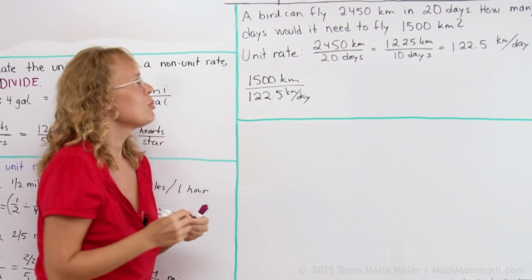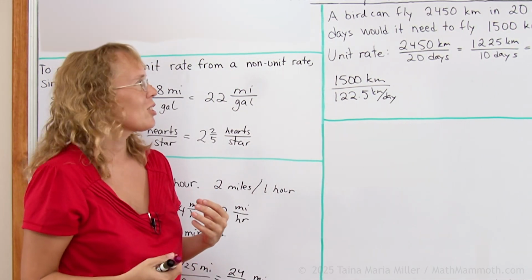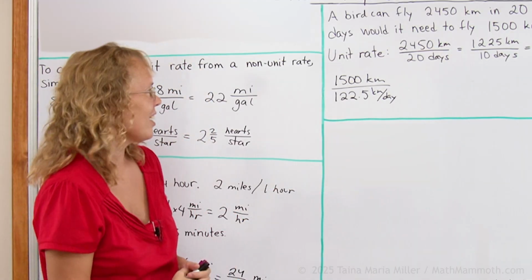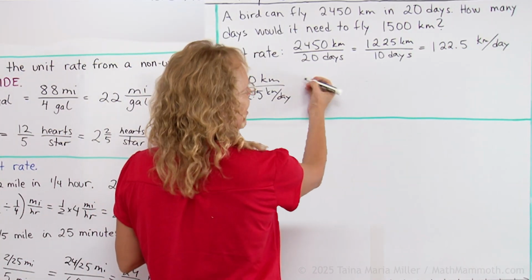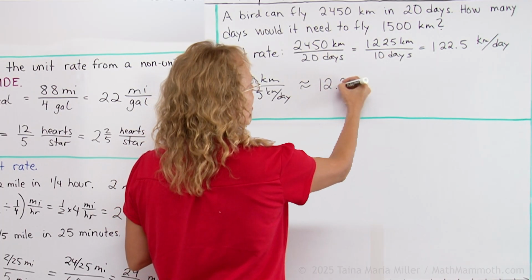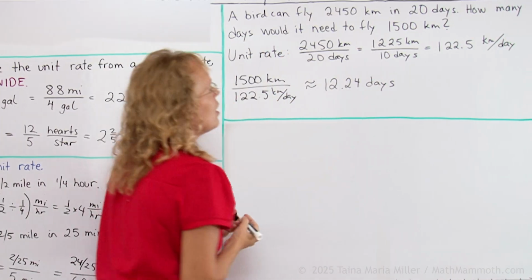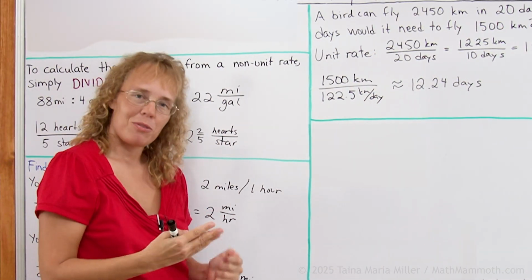And if you're not sure what to do, if you're not sure whether maybe I should multiply those numbers, you also notice that multiplication gives you too big of an answer. So we divide this, and the answer is about 12.24 days. About 12 and 1/4 days.